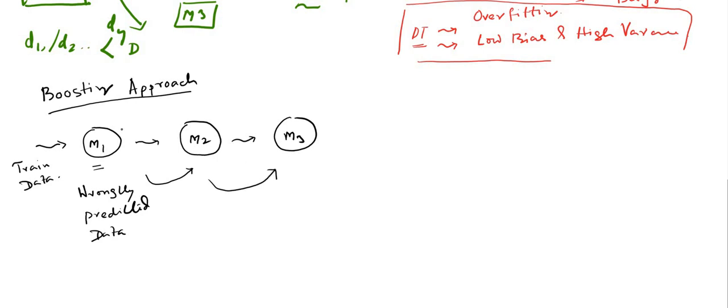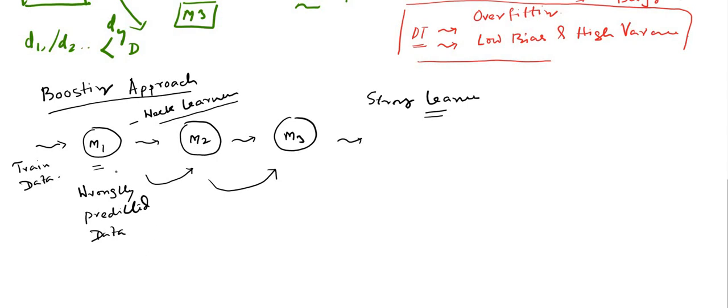Individually, these models are called weak learners. So what does boosting actually mean? Multiple weak learners, when we combine their outputs, give us a strong learner. That's the main concept of the boosting approach.